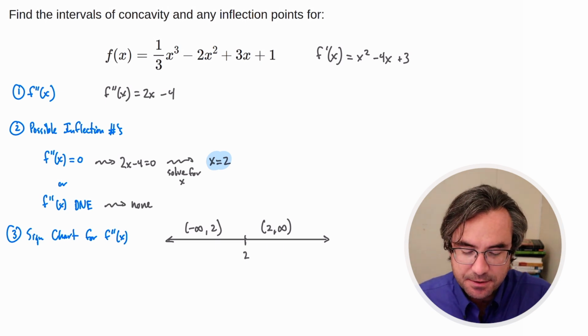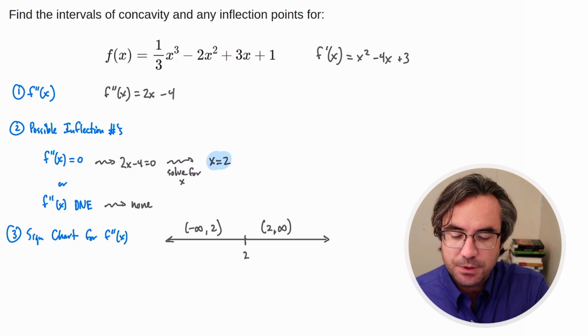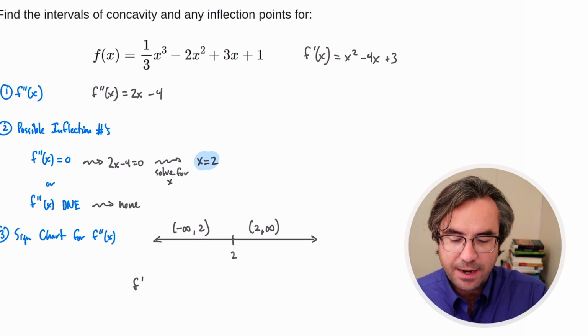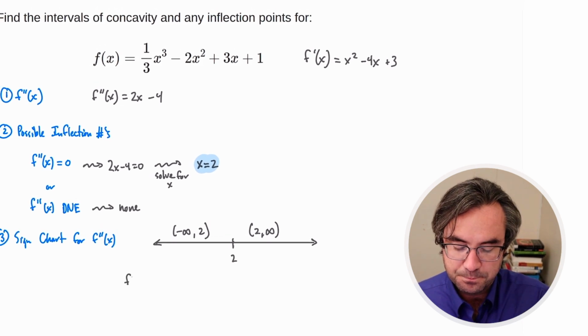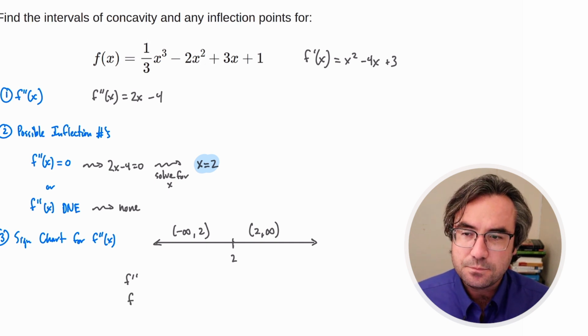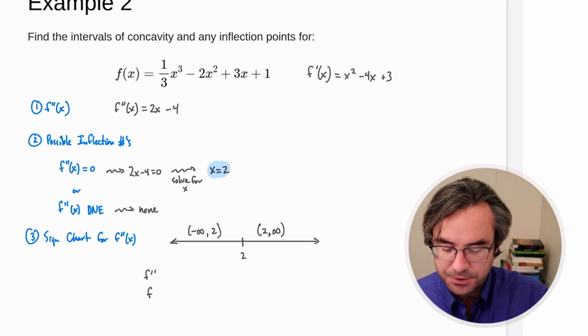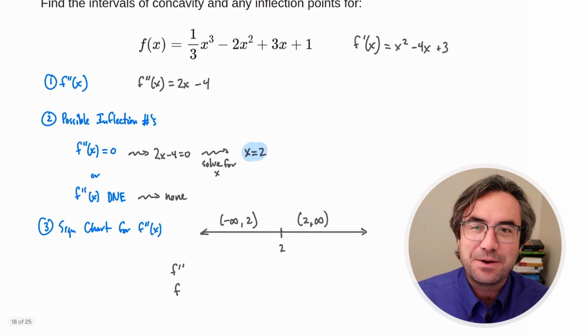In this case, we only have the one factor, so there's not too much we would need to include on our sign chart. But we do want to have our row for f double prime, and then that'll tell us what f is doing. And if we want, it doesn't hurt to use some test numbers here.